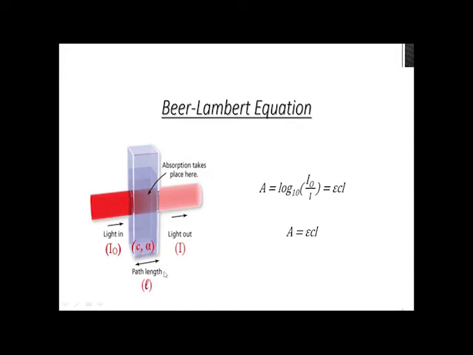So it also depends upon the optical path length of the light. That is the Beer-Lambert law. Based on this principle, the colorimeter works.